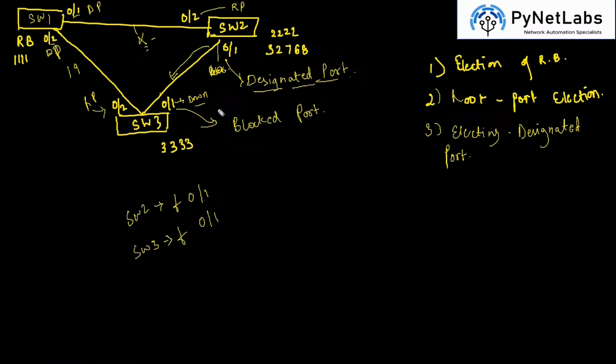Now we are left with two ports, which is FA01 of switch number 2, then FA01 of switch number 3. Now out of these two ports, whichever port is connected to the lowest MAC will be elected as the designated port.